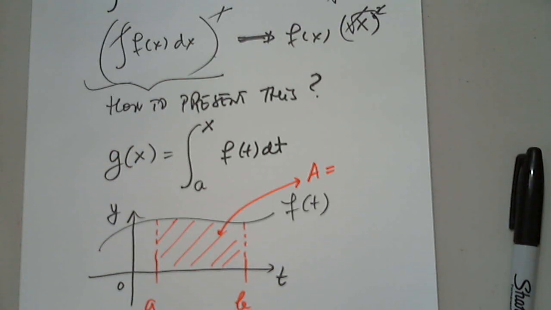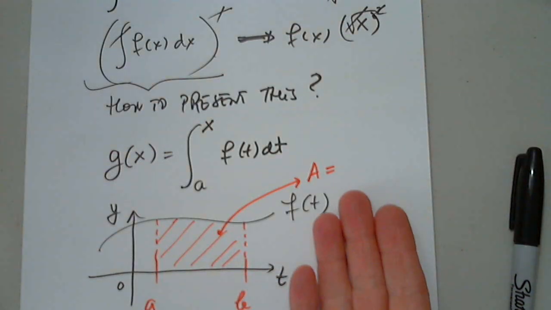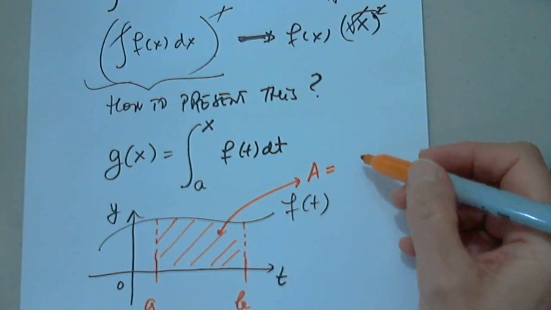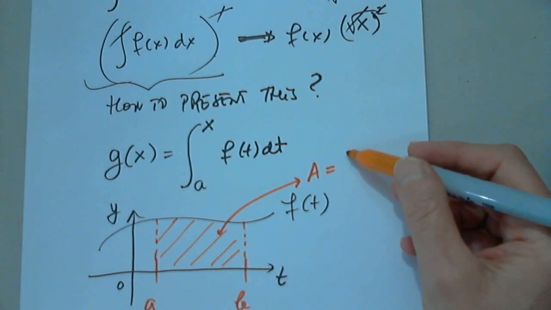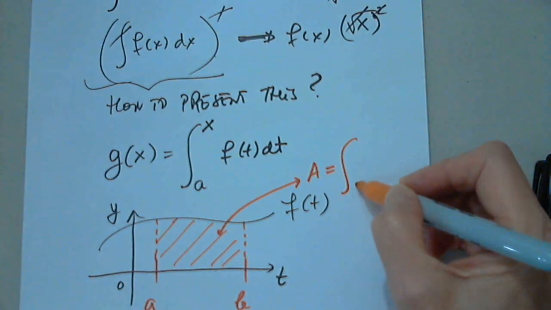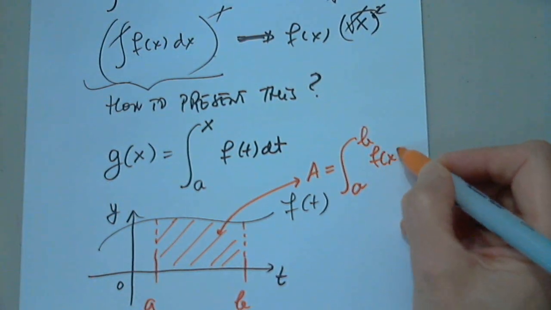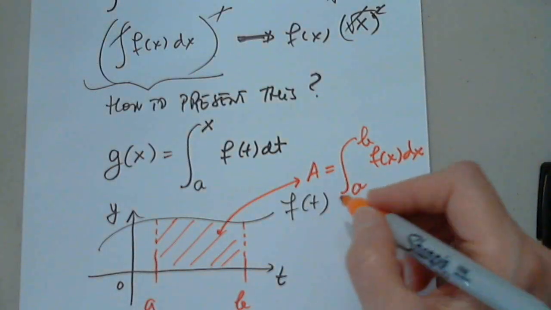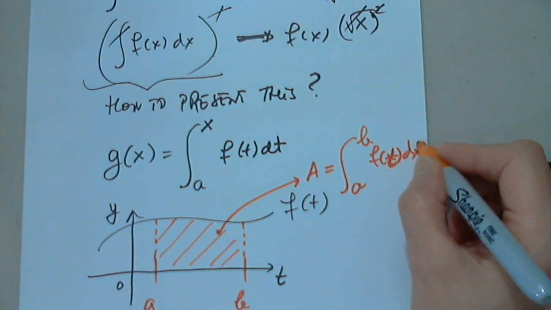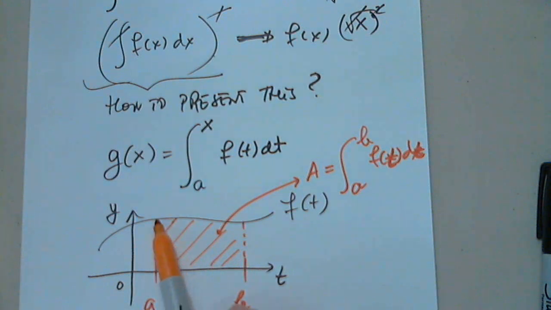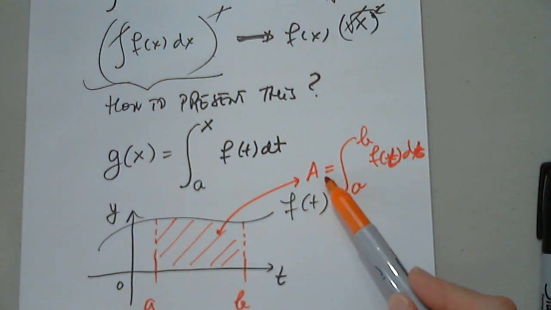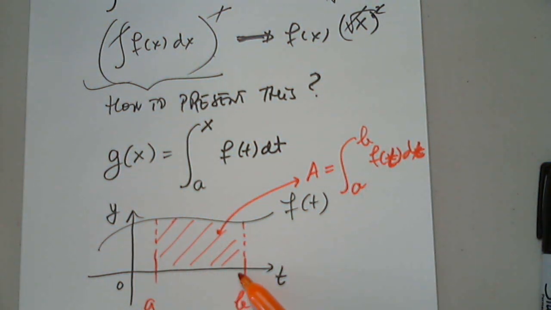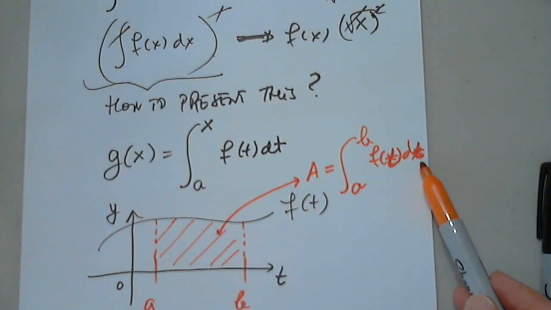The integral from, of course, this is t, so I'm going to use t. So this area is nothing else but the definite integral from a to b of f of t dt.